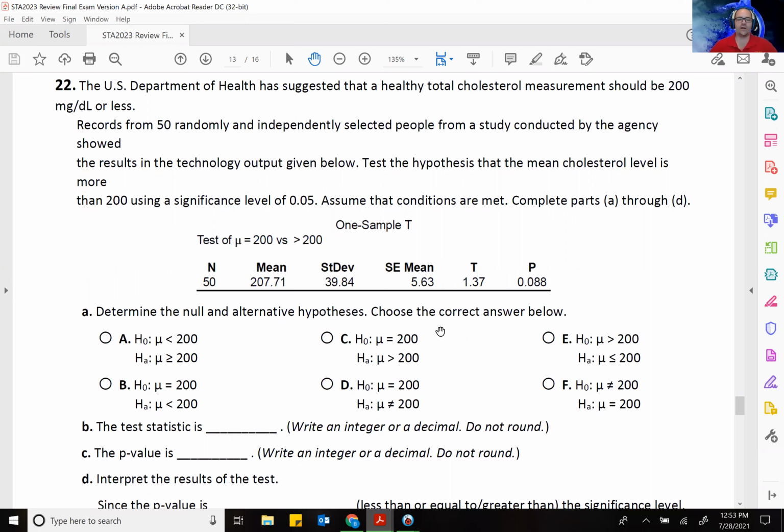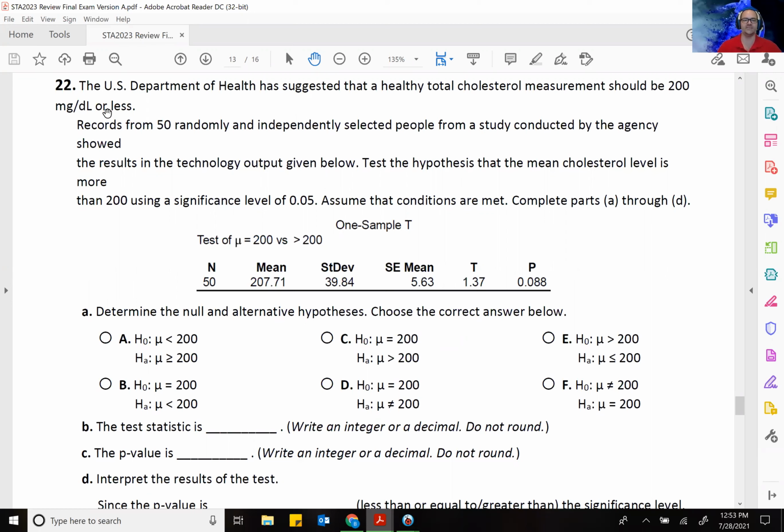So which one of these is the null and alternative hypothesis for part A? Is it C? Because it's more than. I think so, right? C. Yes, I agree with you. Because your null hypothesis is that it is 200, because that was the original claim right up here.